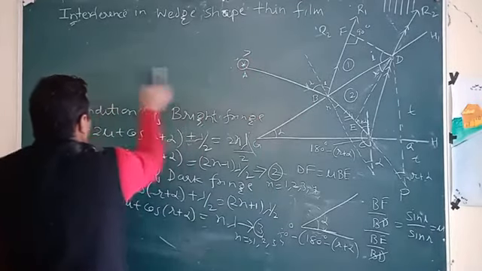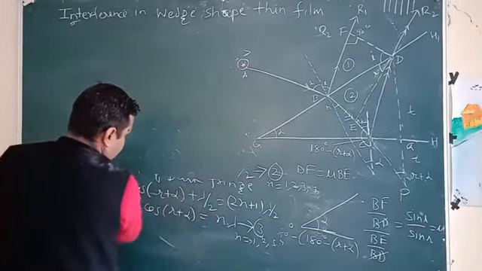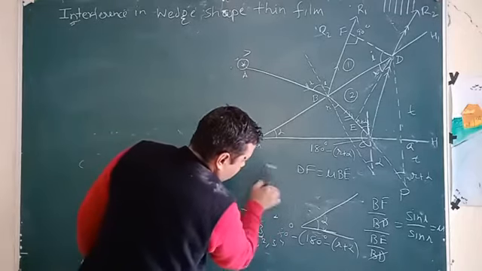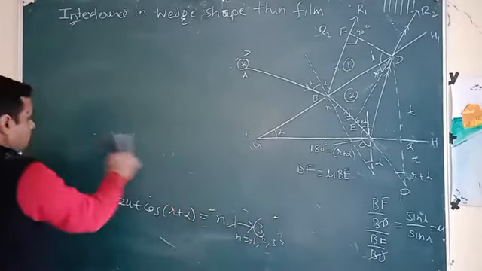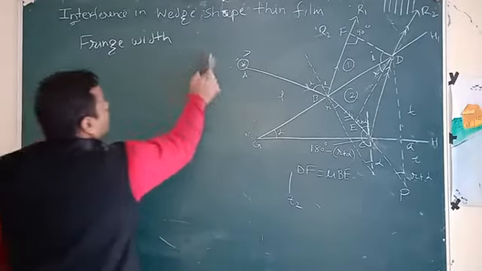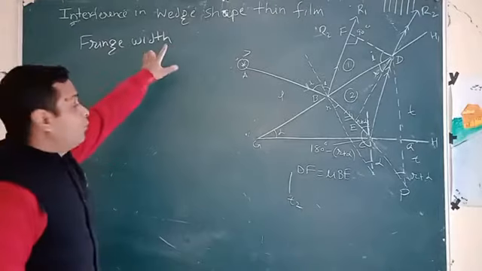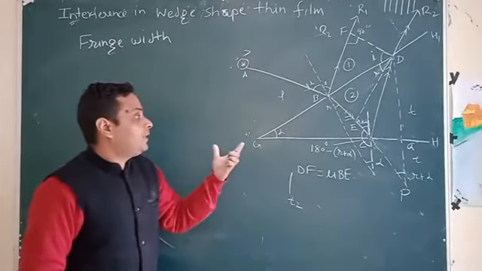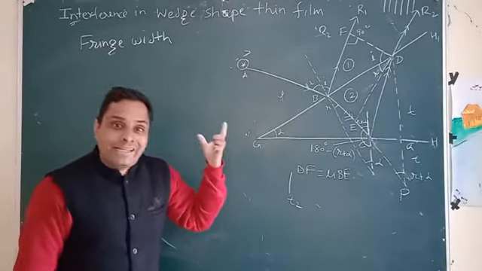What is the width of the fringe? Fringe width means the width between two consecutive bright or dark fringes.